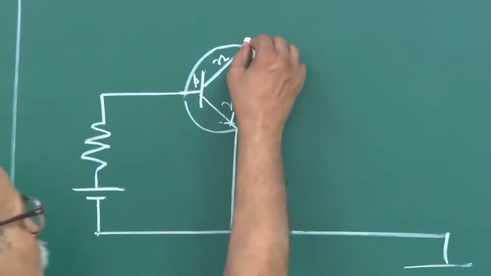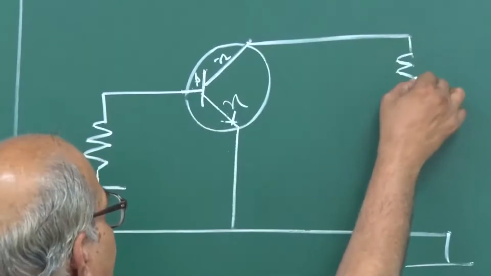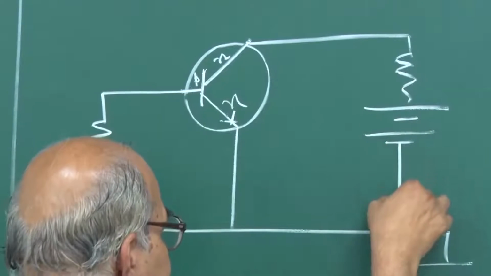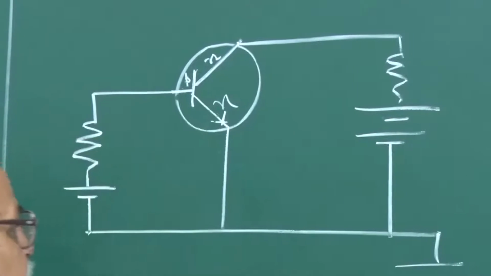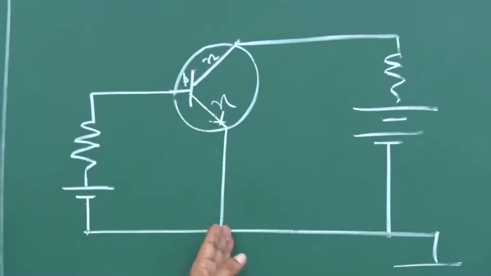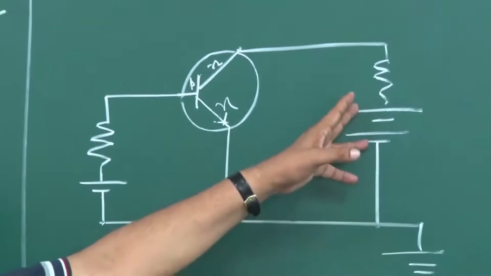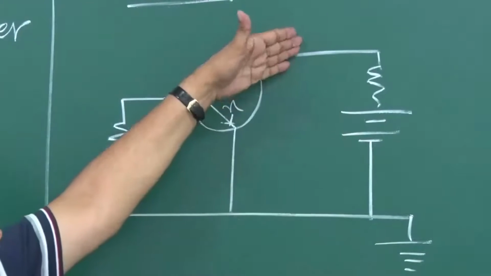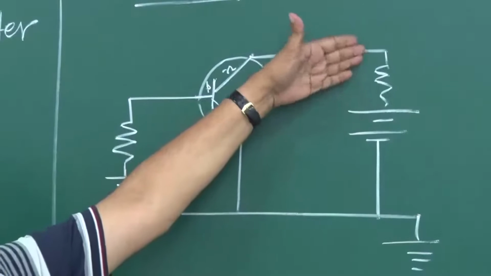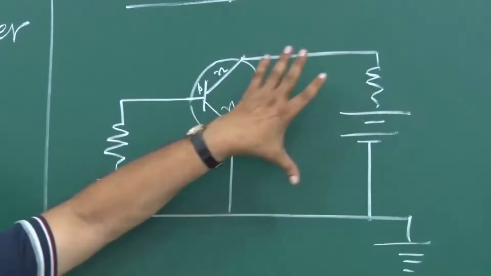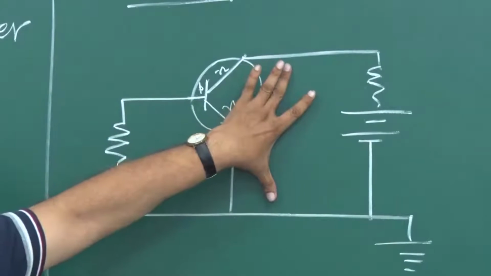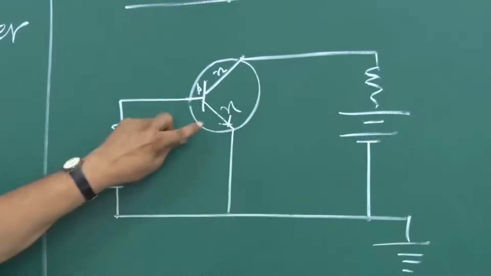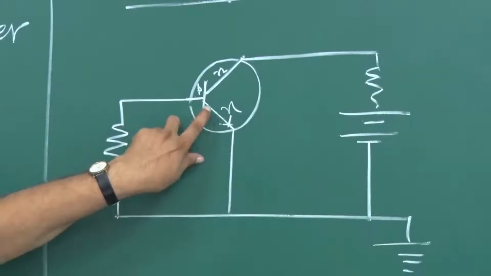So you have to add the positive of the battery here, like this. And this should be large enough so that this is reverse biased, because there can be a current drop across this resistor and that can actually reduce this voltage. But this voltage should be positive and more than the potential that is dropped here.